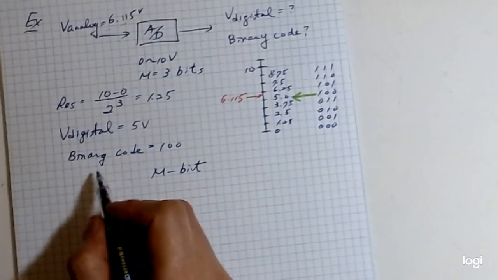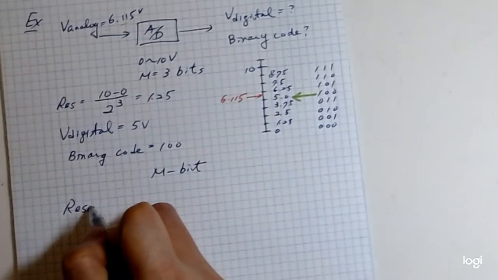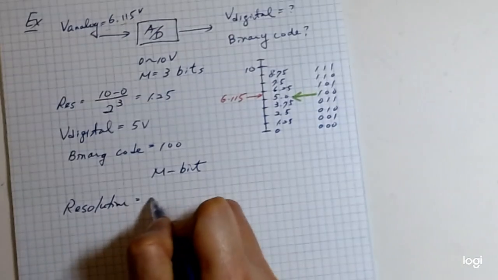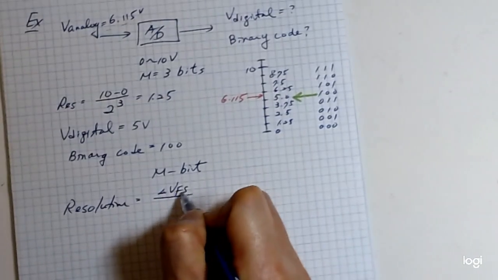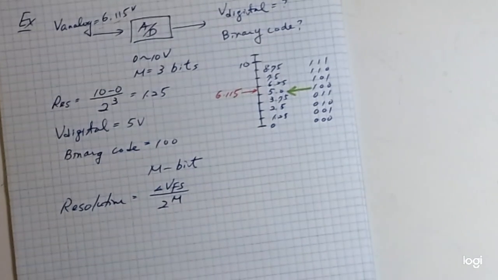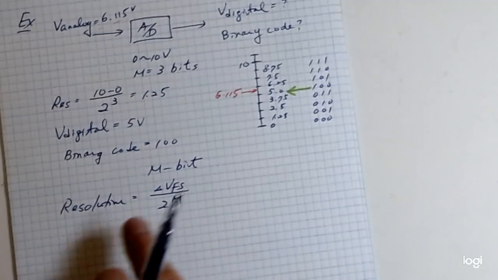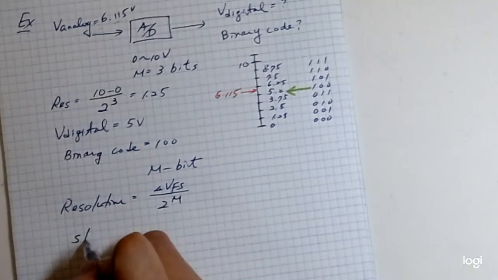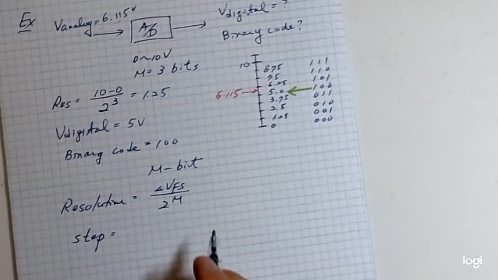Then resolution will be full scale range divided by 2 to the n. And the step, how many steps?